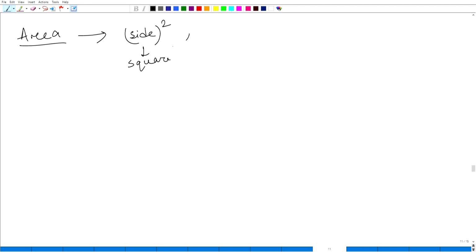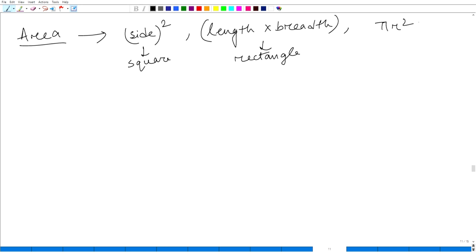If we are talking about a rectangle, the area is length into breadth. If we are talking about a circle, the area is pi r square.